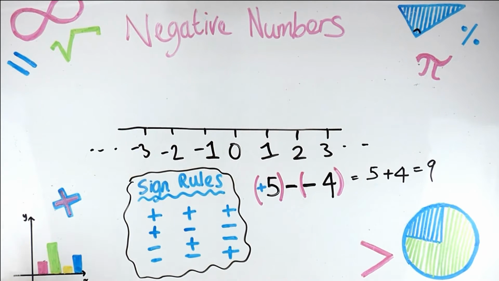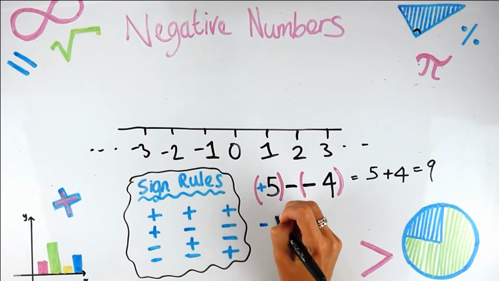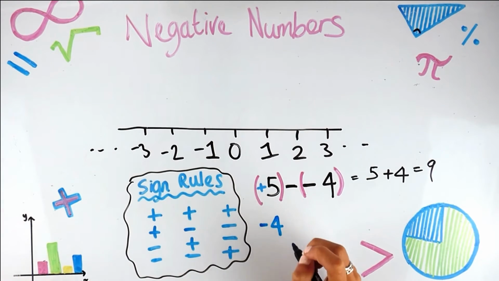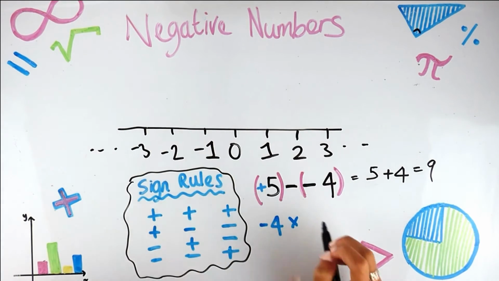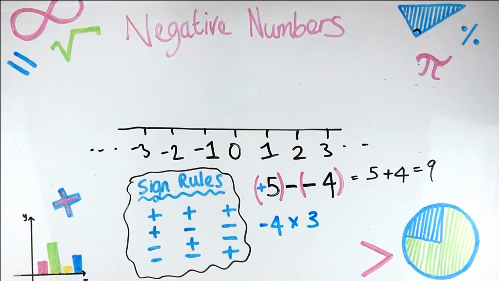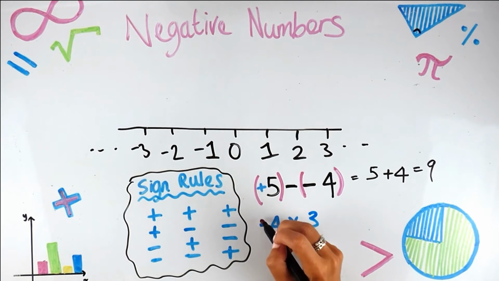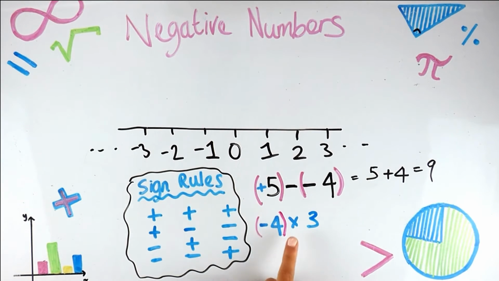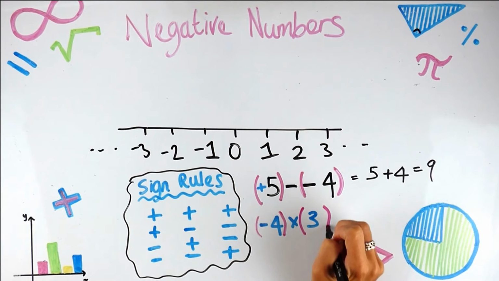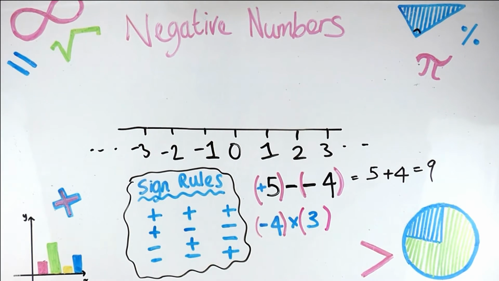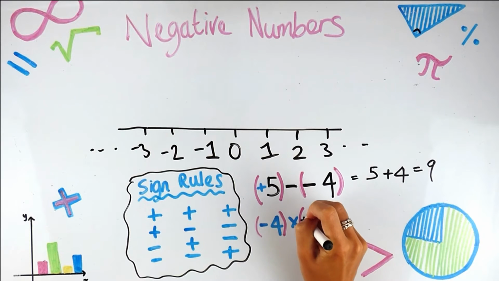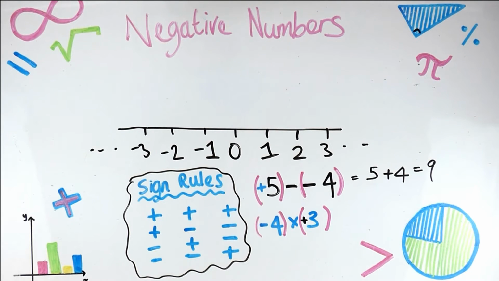What about multiplication? Let's take negative 4 down here, and I'm going to multiply it by positive 3 up here. The way we do this, again, I'd put brackets around just to make it more clear. So where's the number? The number is negative 4, the operation is multiply, and the number here is positive 3. I'm just going to put a baby positive, don't forget me.